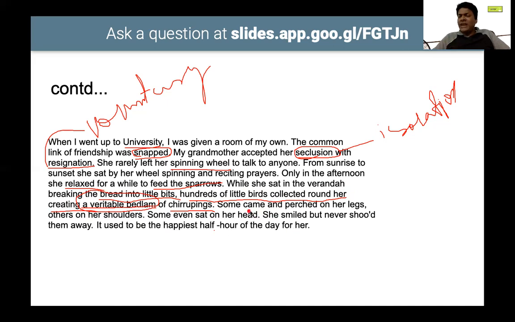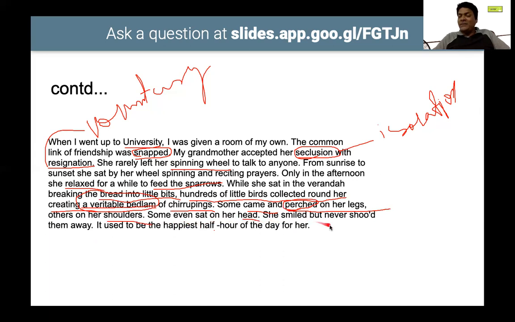Some of the birds came and sat on her legs, or perched. Perched means sitting. Others sat on her shoulders. Some even sat on her head.